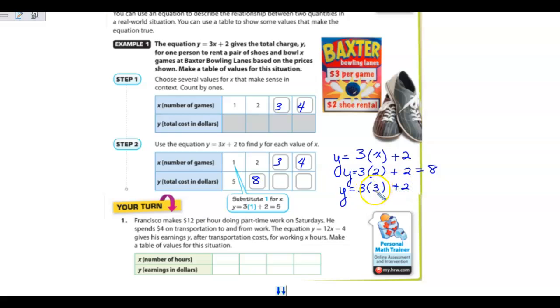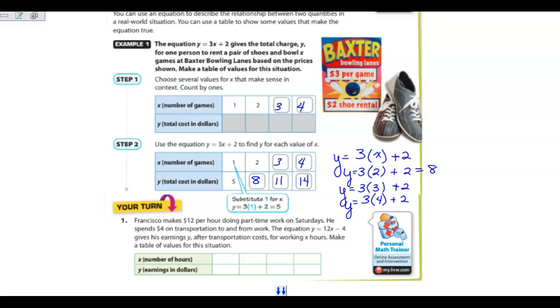So 3 times 3 is 9. 9 plus 2 is 11. And then for 4 games, replace the x with 4. 3 times 4 is 12. 12 plus 2 is $14. So this gives us values for each game that we played, how much it's going to cost us.